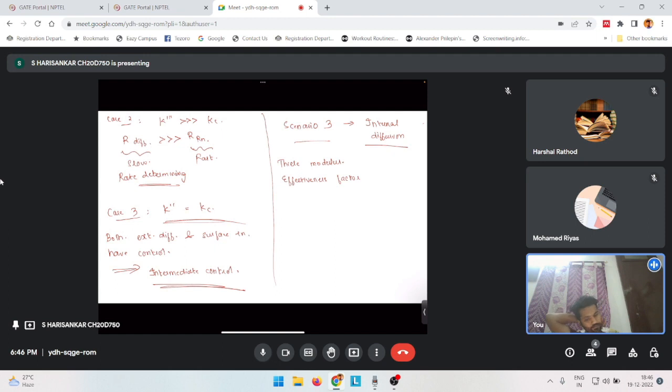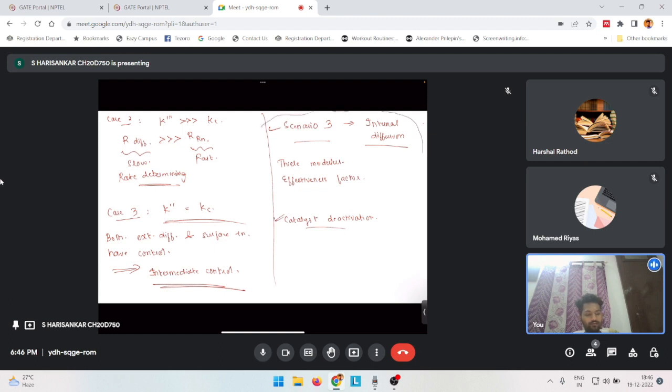Right? So yeah, this is for scenario 3, and after this there is one small portion called catalyst deactivation. With these two portions, CRE will be more or less complete.